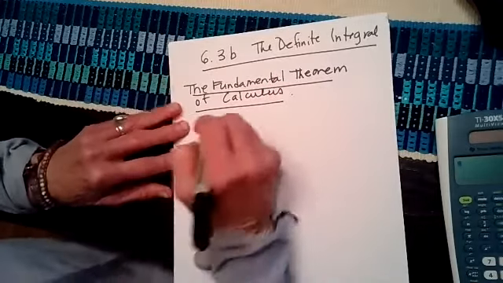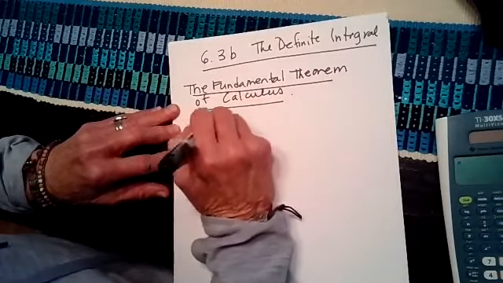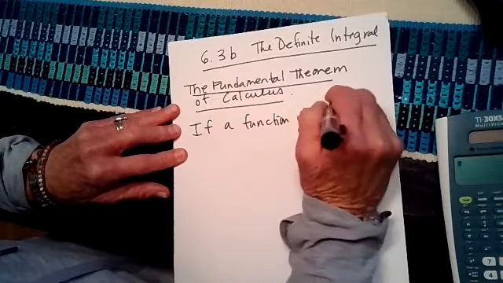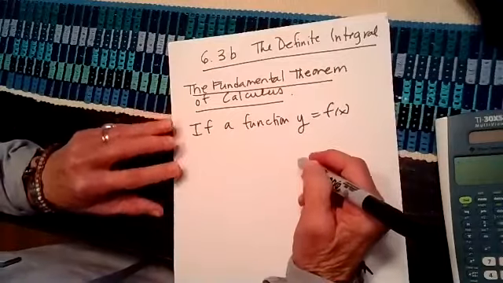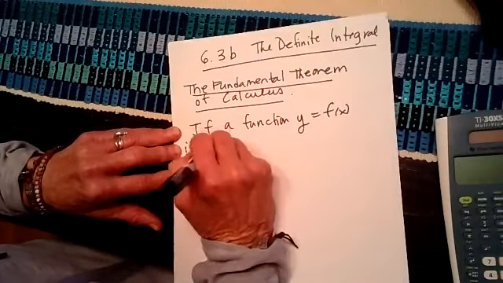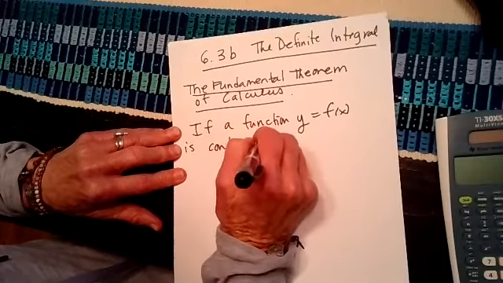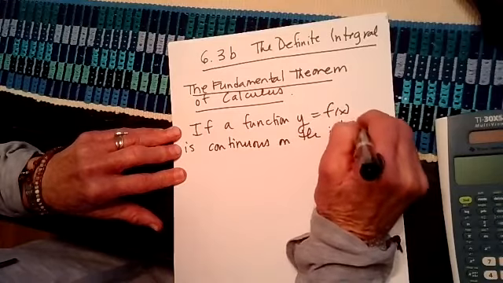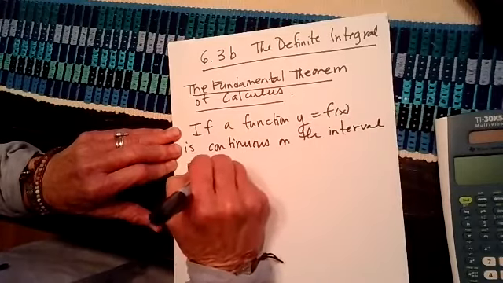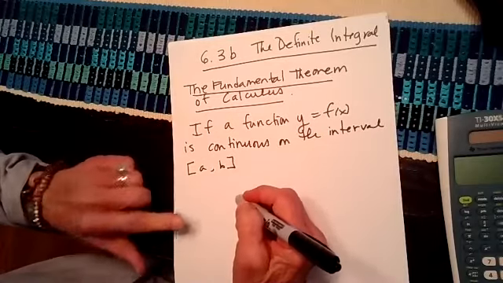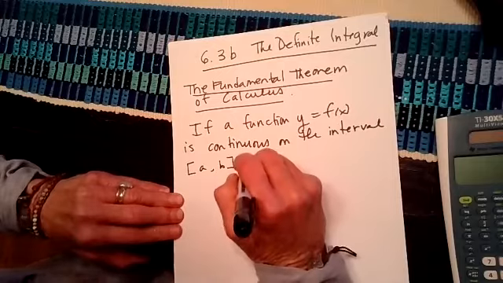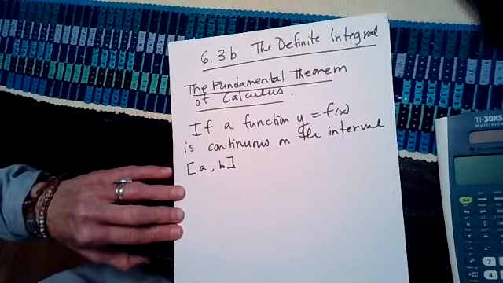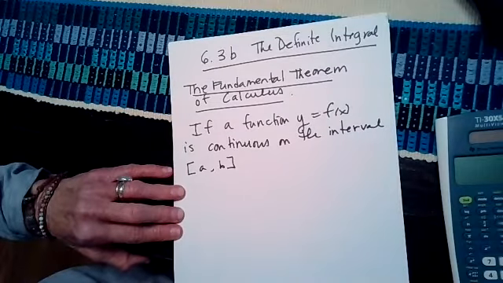So it's pretty important. All right, so if a function y is equal to f of x is continuous on the interval AB, and capital F of x is any antiderivative of little f of x.